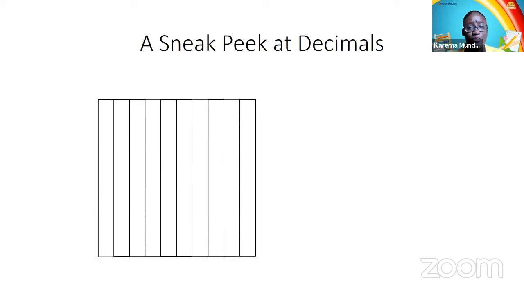On screen now, I have a square, and this square is representing one whole. So I'm going to repeat, this square is representing one whole. Now, I've taken this whole and I have divided it, cut it up if you want to use that term, into 10 equal parts.